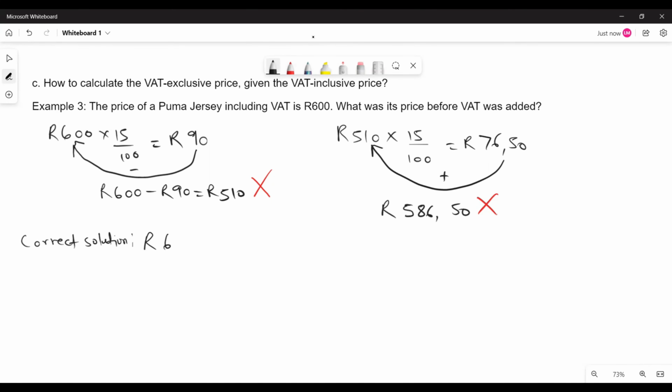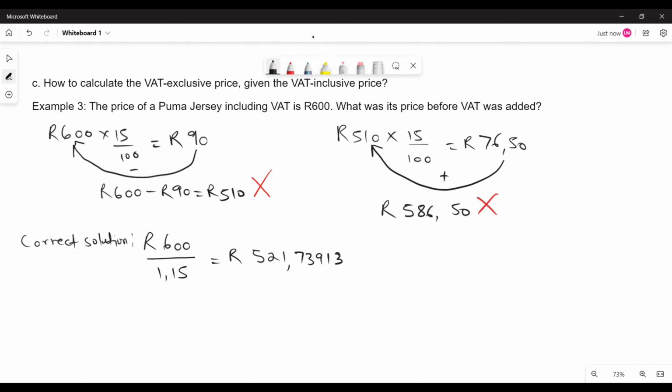You simply take the 600 rands and then you divide it by 1,15, which is going to give you 521 rands, 73913. We do know that when we're dealing with money, it should be rounded to 2 decimal places. But simply because I just want to prove this one, I'm not going to round because it will have an impact on the final value.